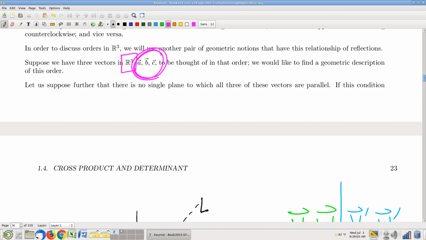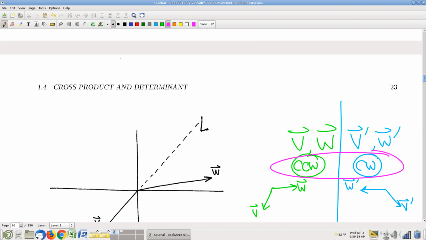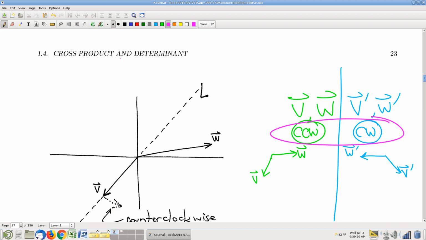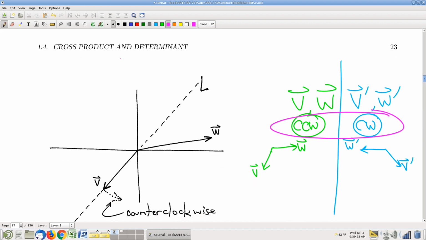Is there a notion of clockwise instead of for two vectors in two dimensions, for three vectors in three dimensions, can I talk about something that has analogous characteristics? A way of choosing the order that has this reflection property, this property that when you switch any two of them, you get the opposite. Is there something like that?